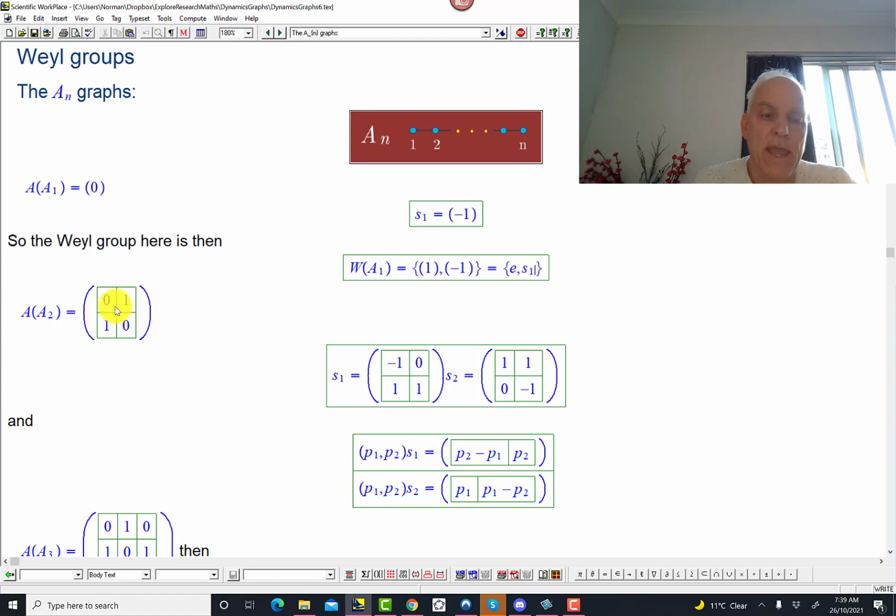Okay, A2, what do we do? We take the identity matrix. So this is another way of stating the procedure that I outlined in the last video. So in general, what we do is we take the identity matrix, in this case 1, 0, 0, 1. We replace the column that we're interested in, in this case the first column, with the corresponding column of the adjacency matrix. So the 1, 0 in the identity matrix is replaced with 0, 1.